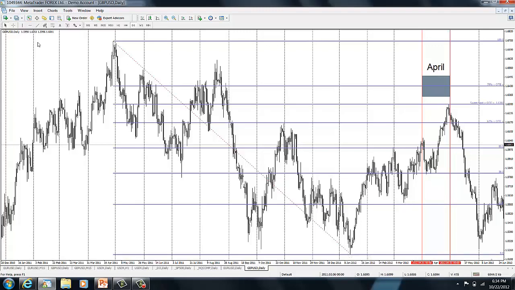Okay, so with that concept, let's take a look at the lowest low candle here and to that high. Okay, and here is the 127 extension, and here's the 162 extension, and then here's the 200 extension here.